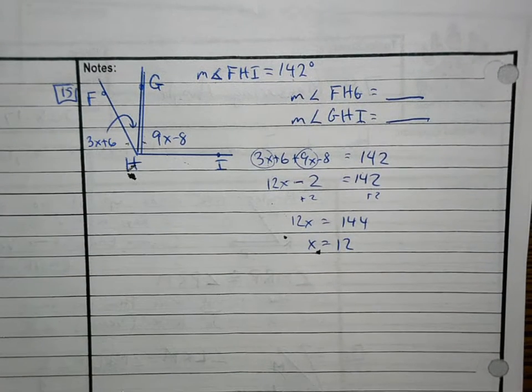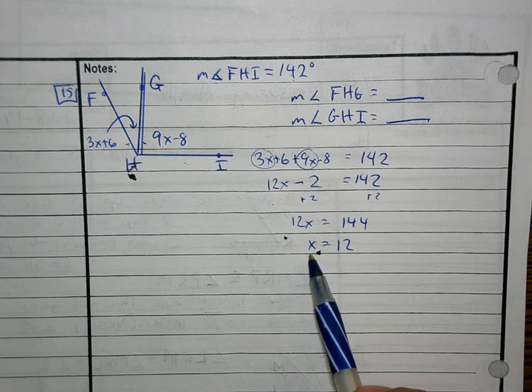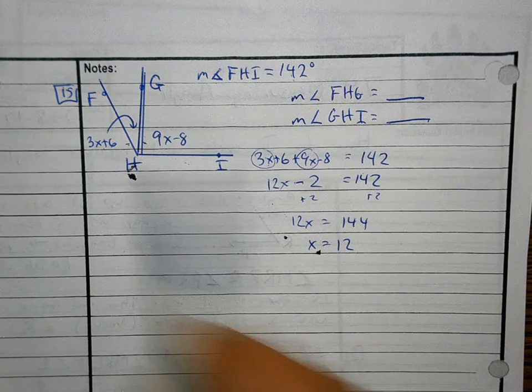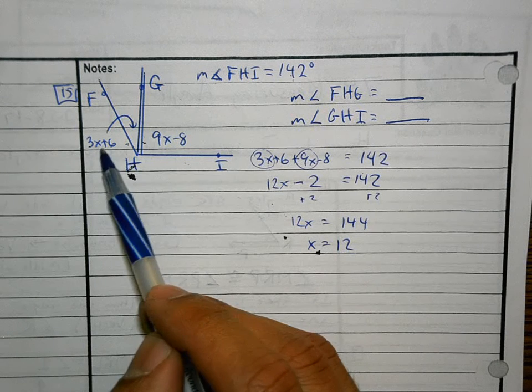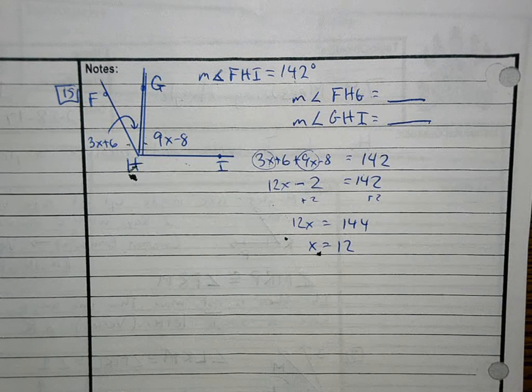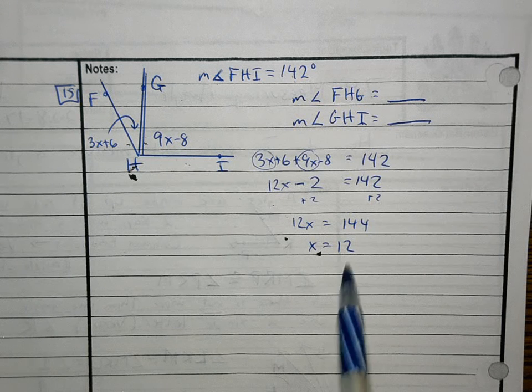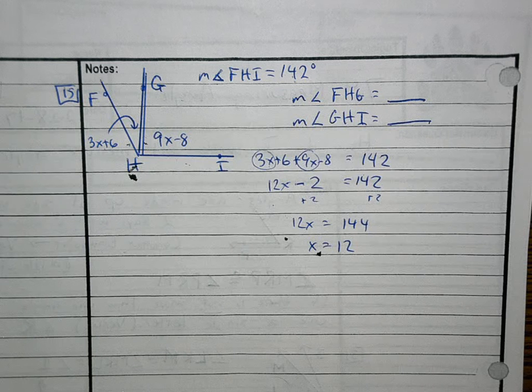Notice, even though we have x, we still have not answered the question. The question says, what is FHG? FHG. And we have a 3x plus 6, but we don't have how many degrees it is. So substitute 12 in for x.